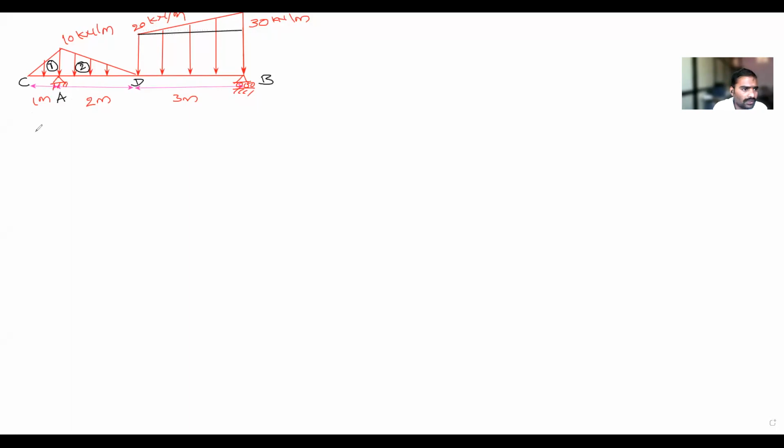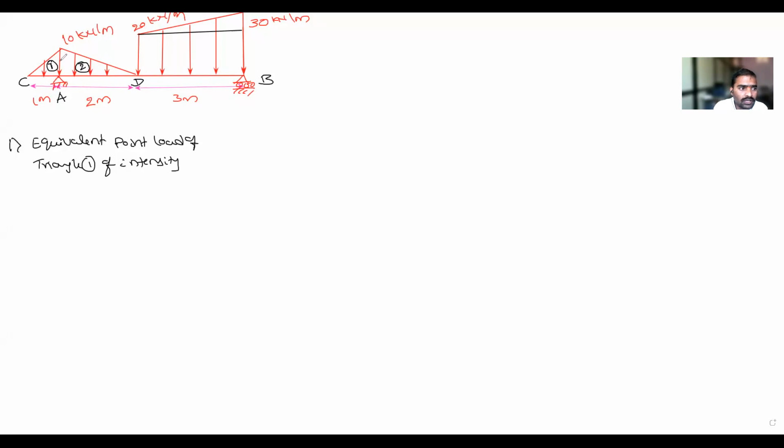Okay. So first, I will consider the equivalent point load of triangle 1. Triangle 1 का intensity कितना है? Intensity is 10 kilonewton per meter.